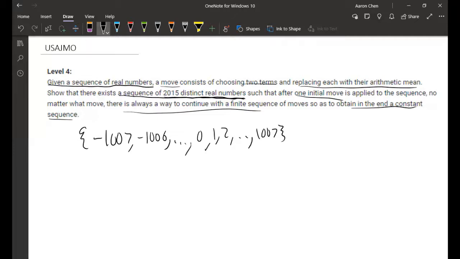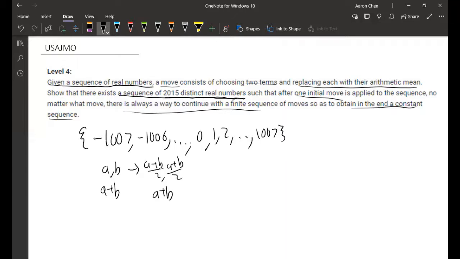And so we can see that changing a and b to (a plus b) over 2 and (a plus b) over 2 does not affect the sum in any way, because the sum here is a plus b, and this sum is also a plus b.